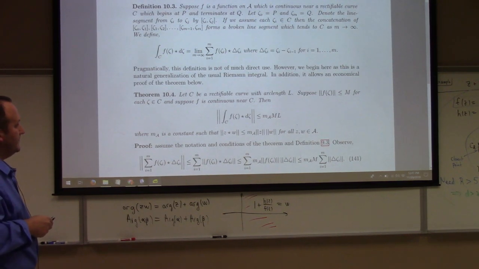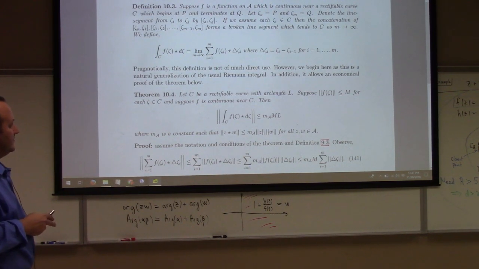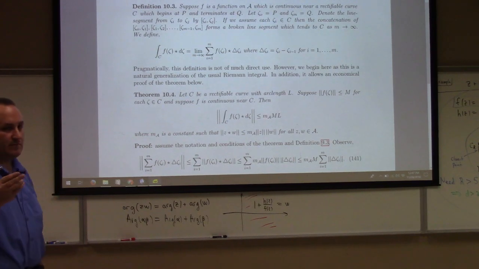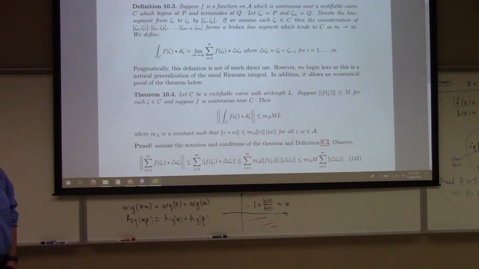And through almost the same discussion we had about how to go from the Riemann formulation of the complex integral to the parametrized formulation, that same thing holds for this integral. You can reformulate it as: take your algebra function, evaluate it on the parameterization, multiply by the derivative of the parameterization with respect to time, and integrate over the appropriate domain for the parameterization of the curve. That gives you the algebra integral. Same thing.